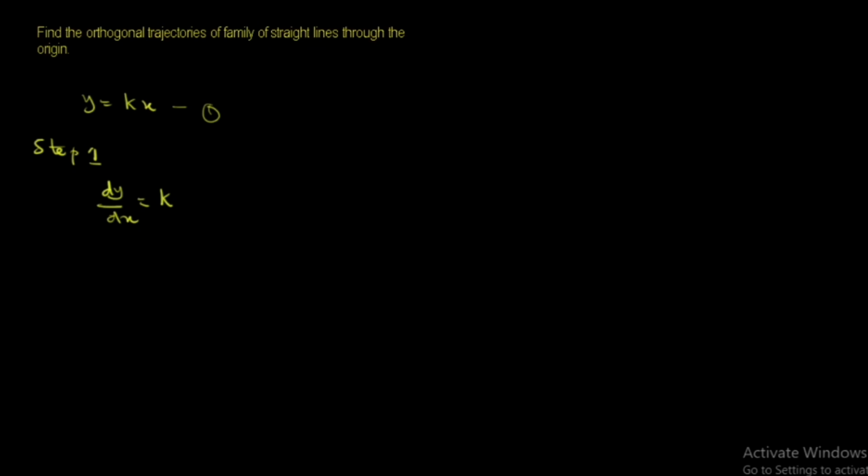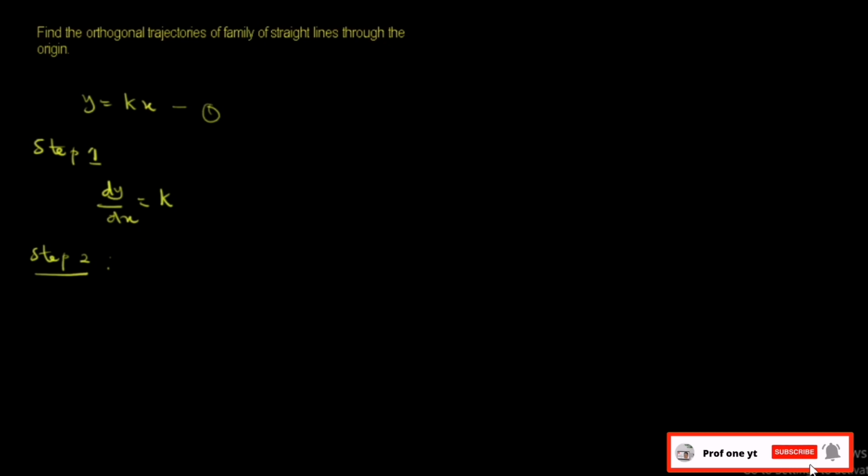Then the second step, step 2, is to eliminate the parameter k from the equation. So we are going to eliminate the k from step 1. How are you going to do it? You are going to make k the subject from equation 1.